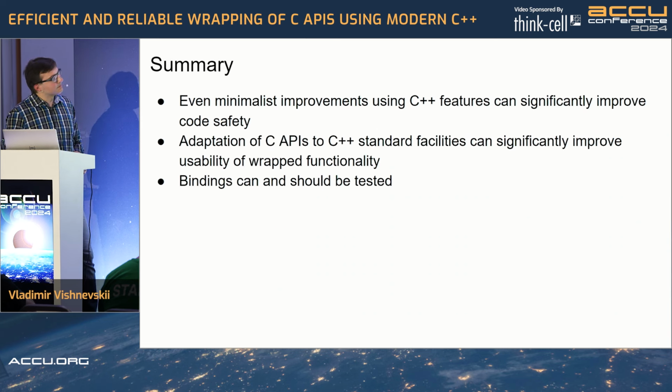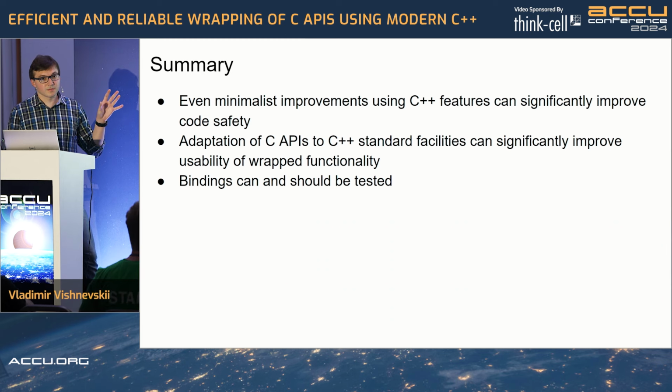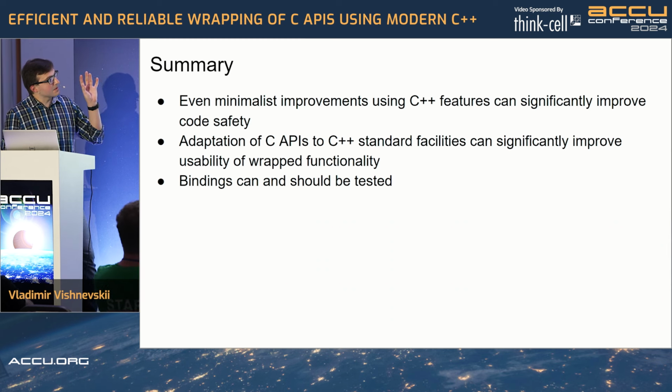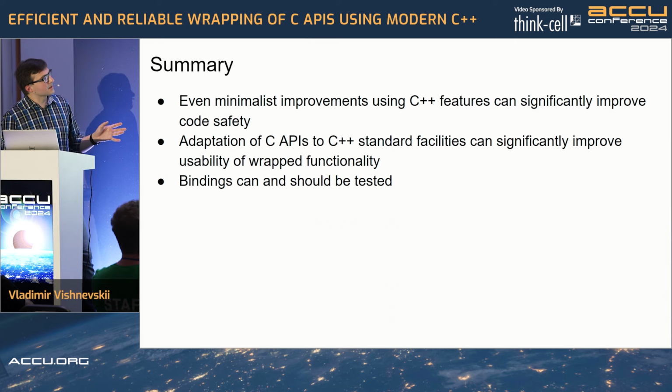Okay, so now let's go to the summary. What I wanted to highlight again is that even minimalist improvements using C++ features can significantly improve code safety. We saw that just using stronger types and safe resource management would significantly contribute to code safety.